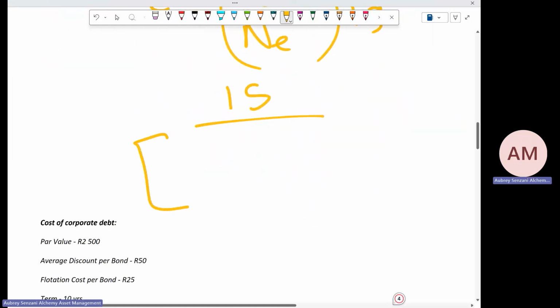Why are you saying 150? But is it only the flotation cost that we need to deduct there? What about the average discount?